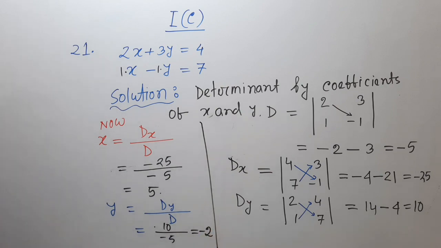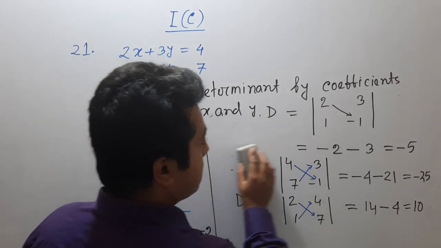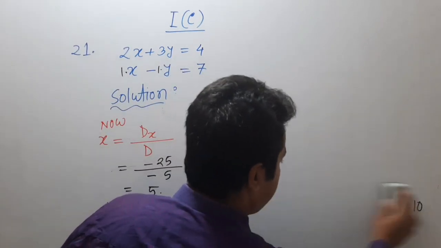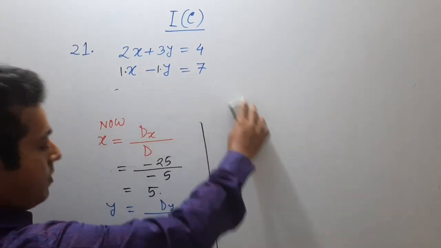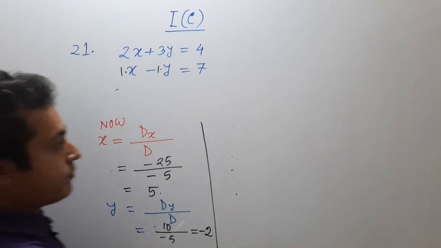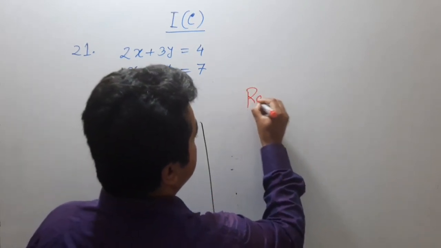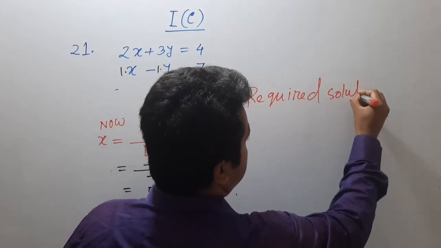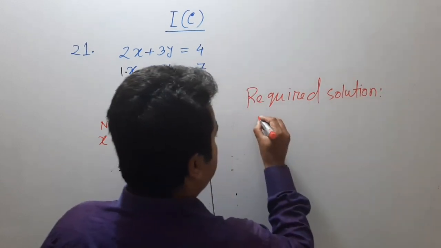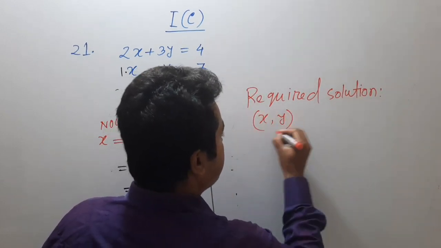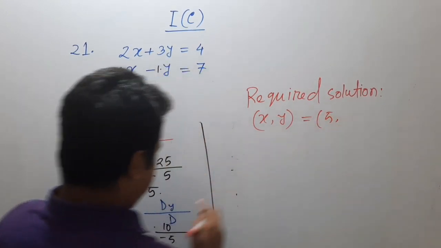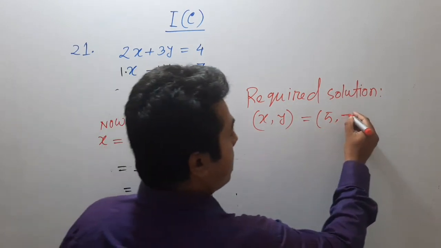Okay, so our required solution of this system of linear equations is x comma y, where x is equal to 5 and y is equal to -2.